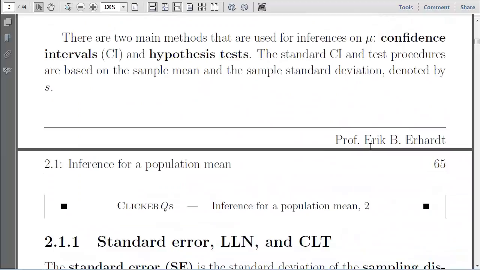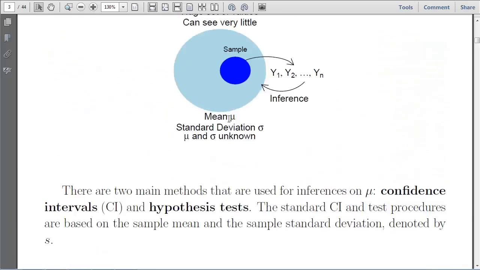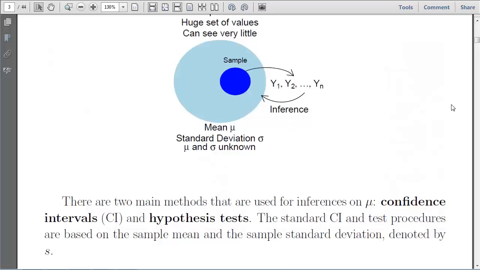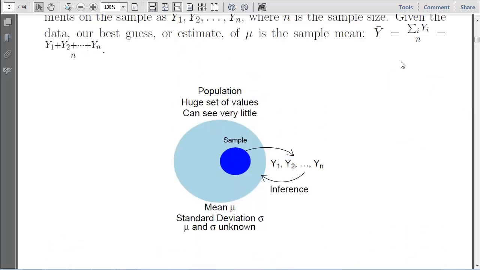So our two main methods here are going to be confidence intervals, which is about inference to the population, which means we don't know what the true population mean is in this scenario. Mu is the true population mean. We don't know what that value is, but from our sample, we can calculate y bar. There it is, y bar in the top right corner.